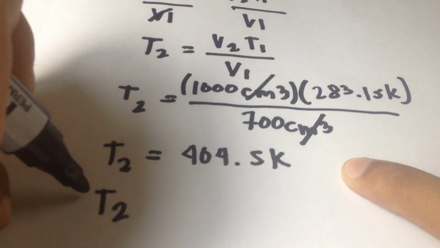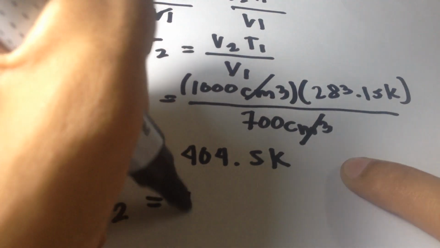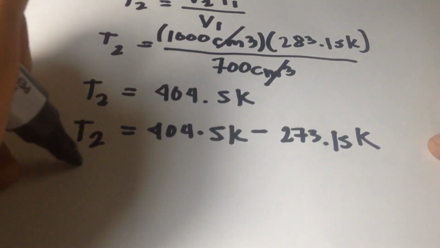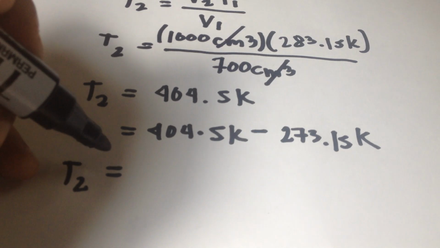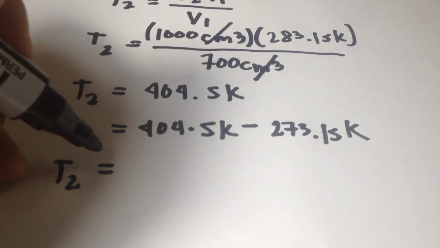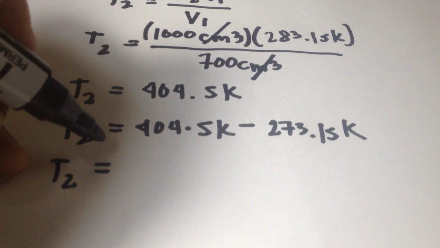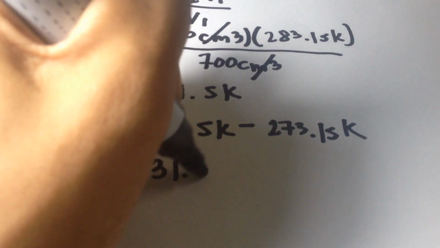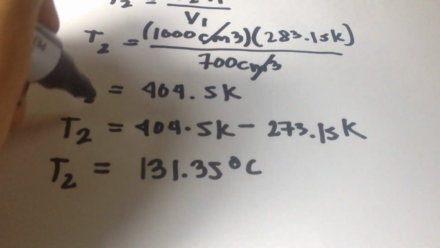And you need to convert Kelvin to Celsius. So 404.5 Kelvin minus 273.15 gives temperature 2 equals 404.5 minus 273.15, which is 131.35 degrees Celsius.